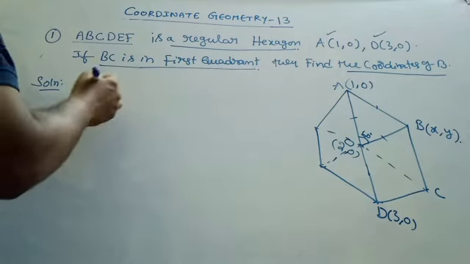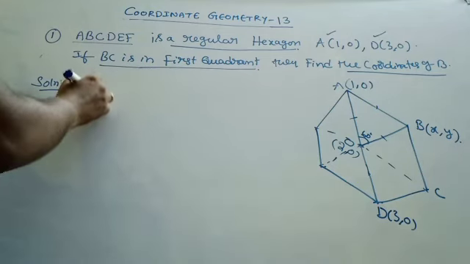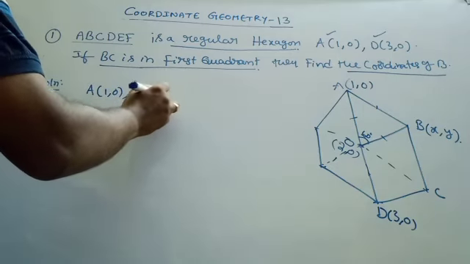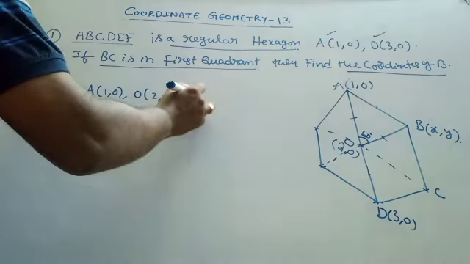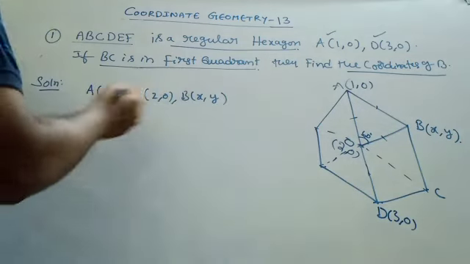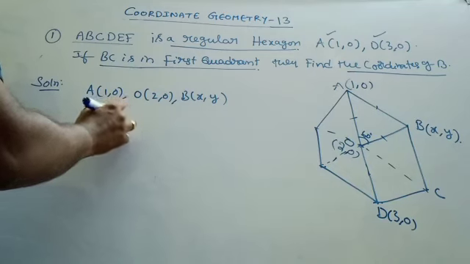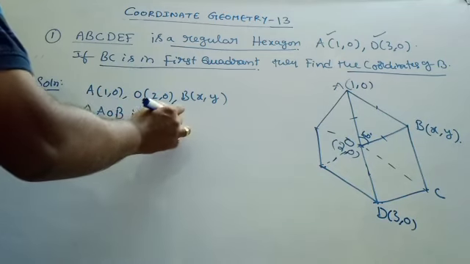In triangle AOB, you know that A is (1, 0), O is (2, 0), and B is (x, y). The triangle AOB is an equilateral triangle here.